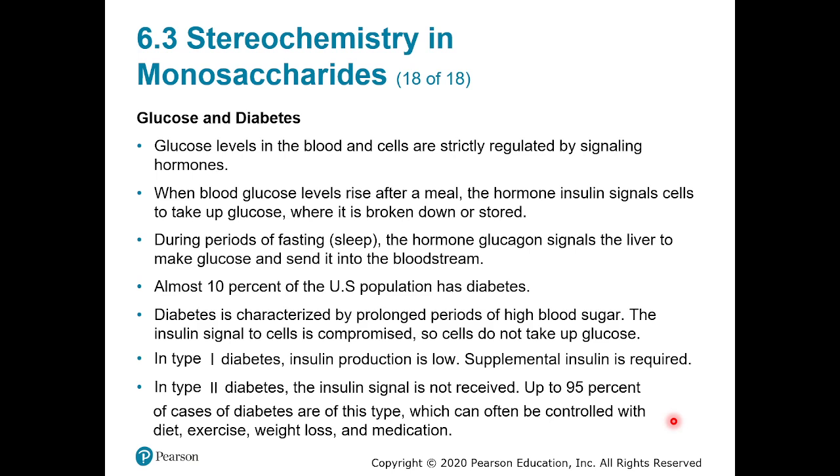If you get bad enough on type 2 diabetes, you can have to take various different medications, all the way up to taking insulin. Okay. Most cases of type 1, there's not a lot you can do. There's just something wrong with your pathway that makes insulin usually.